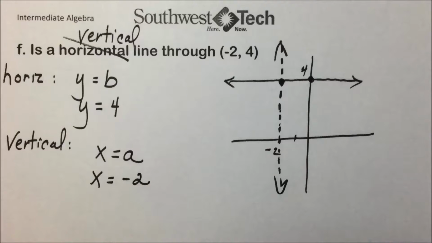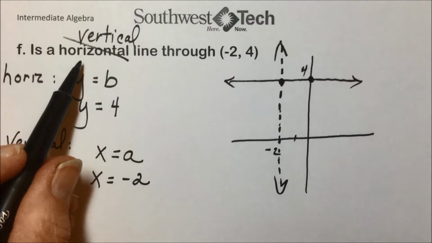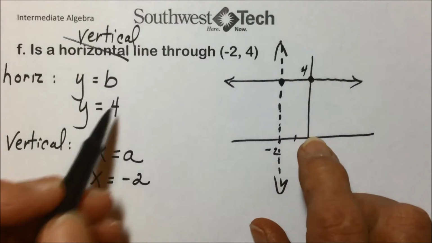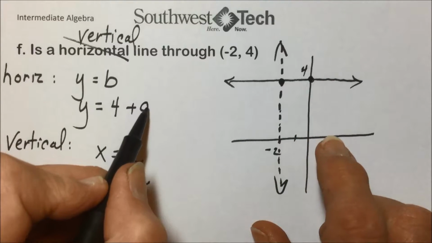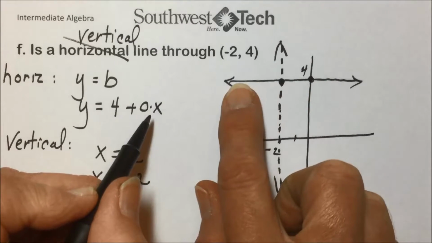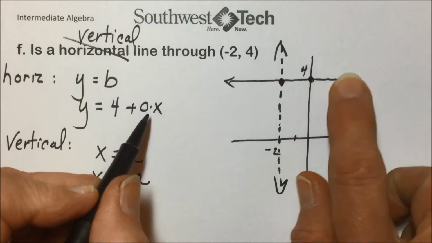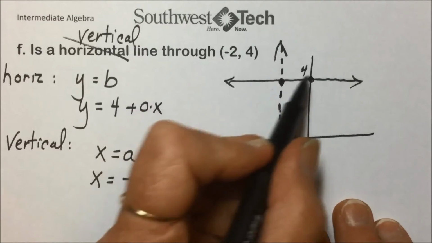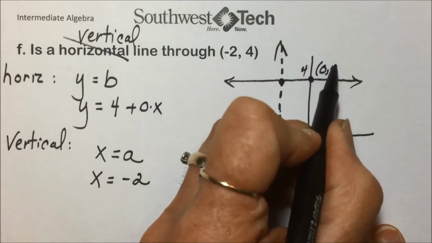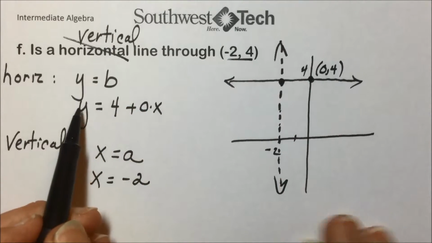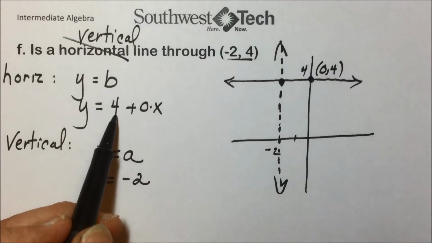And to help us see these two solutions, for the original one, looking for the equation of a horizontal line, there is an x in this equation, but it's being zeroed out. All of the points on this horizontal line have changing x's. That's what's allowing it to go across. But every one of those points, whether it's here, 0, 4, or the given one, -2, 4, every one of those points has y staying at 4.